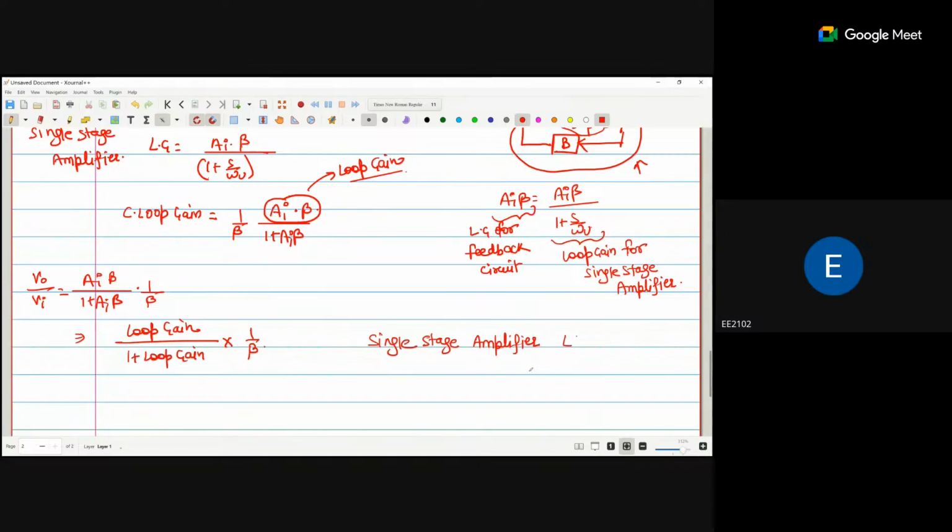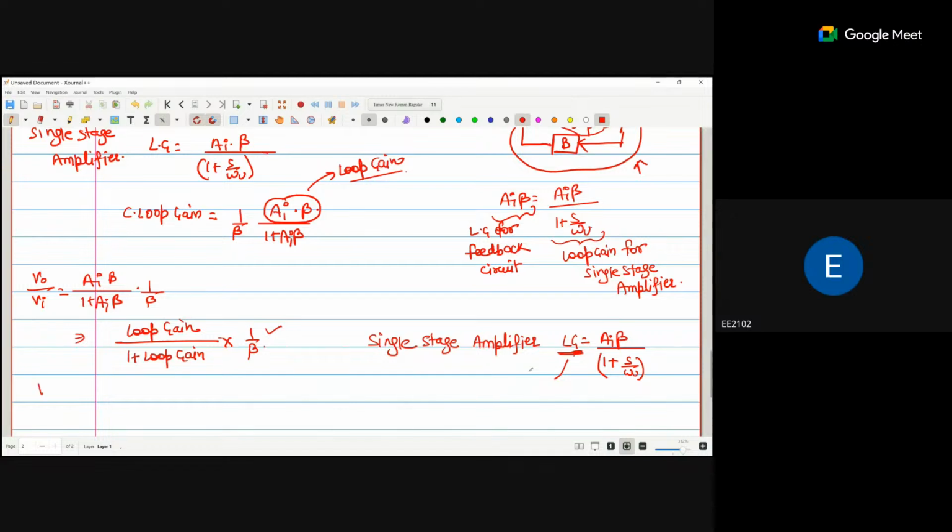Here the loop gain is not Aβ. This is Aβ upon 1 plus S upon ωu. So now I put the value of this loop gain into this function.